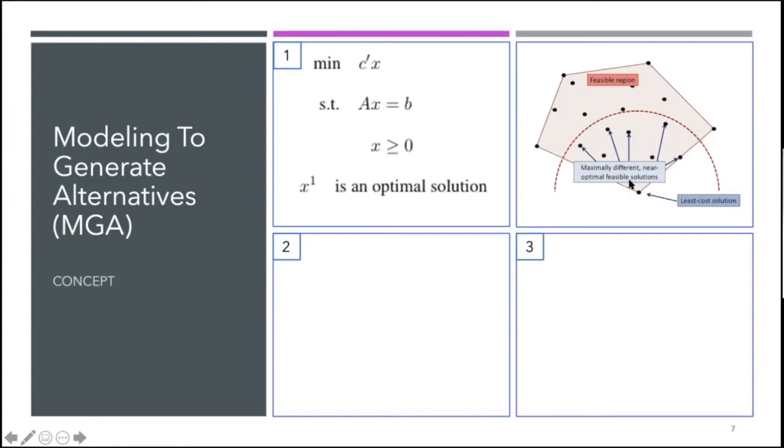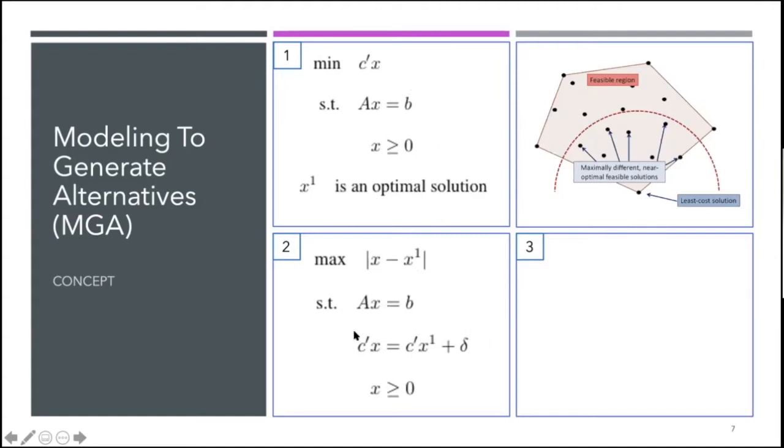So what we do is reformulate the original problem so that we now maximize the distance between the new solution and the previously optimal solution. Right? So we are maximizing the absolute value of x, which is a variable in this problem, minus x1, which is the optimal solution of the original problem.